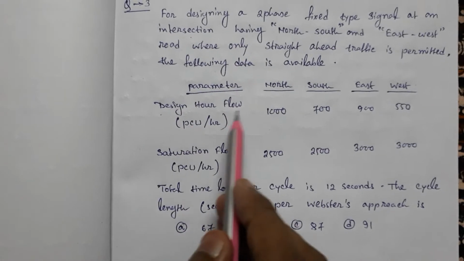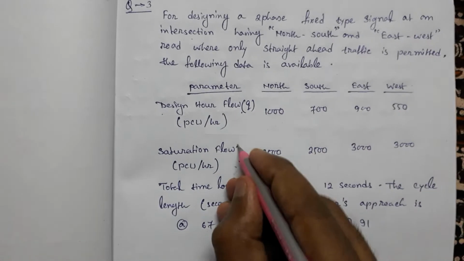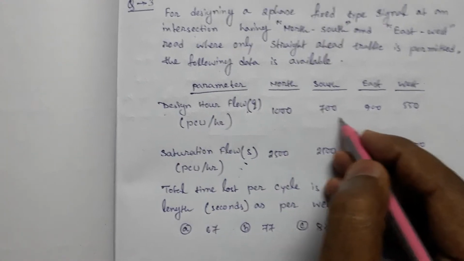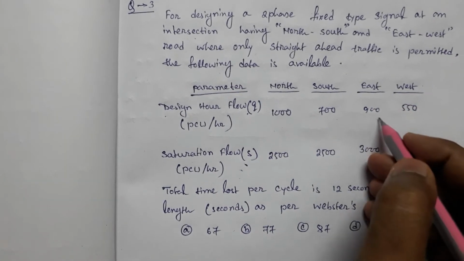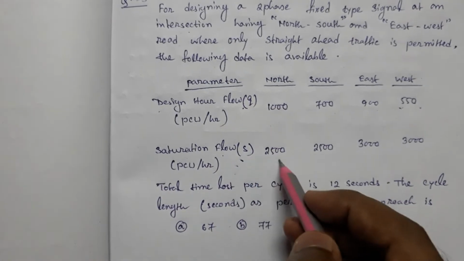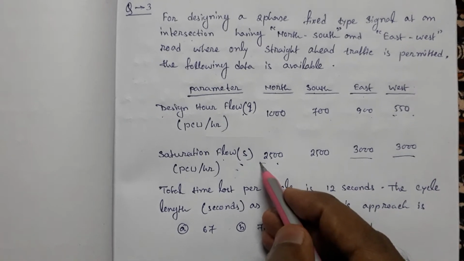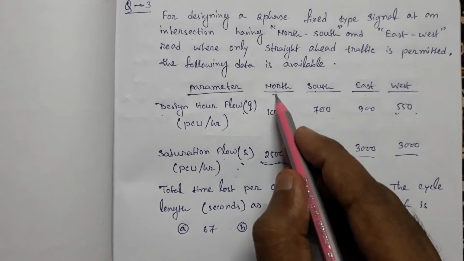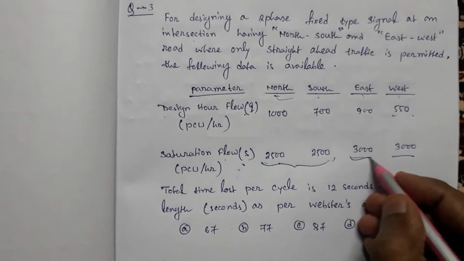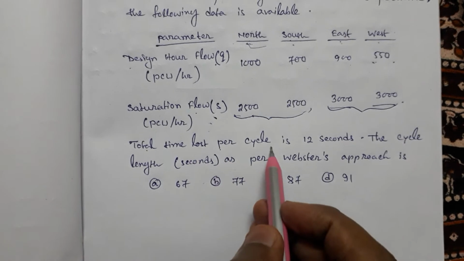Parameters given are design hour flow Q and saturation flow S. Design hour flow values are north and south 1000 and 700, and east and west 900, 550. The saturation flow values are north 250, south 250, east and west 300, 300. These two values are the same for north and south, and for east and west these two values will be the same. Now total time lost per cycle is 12 seconds.